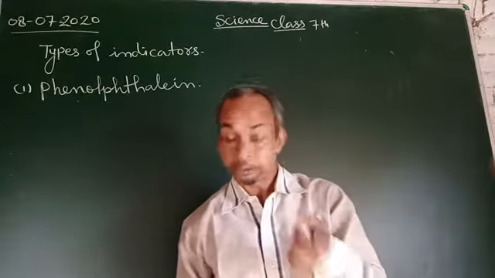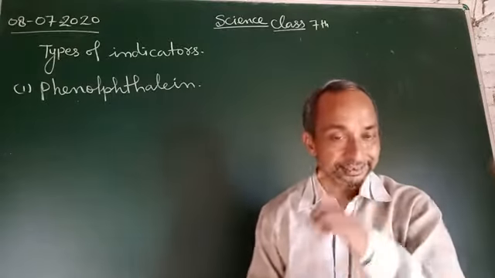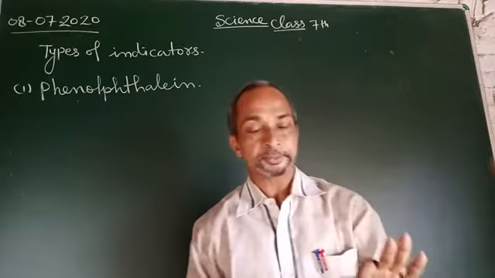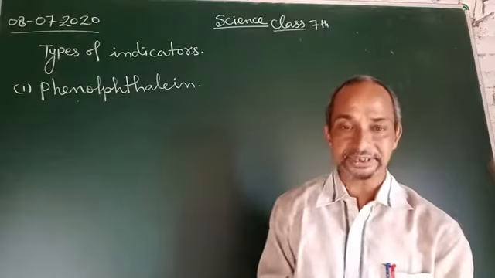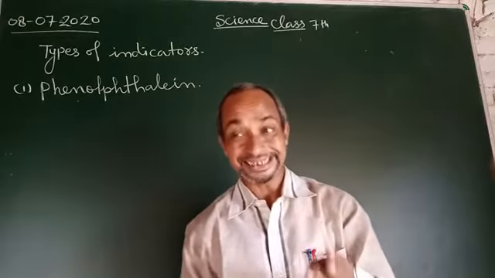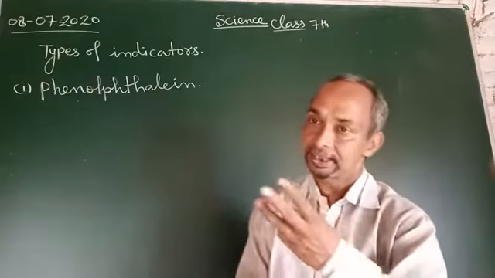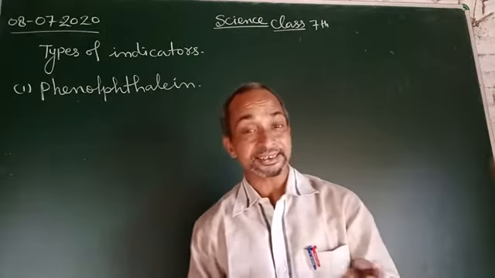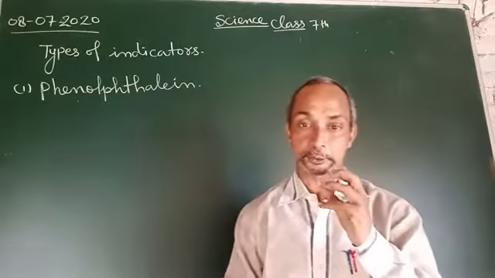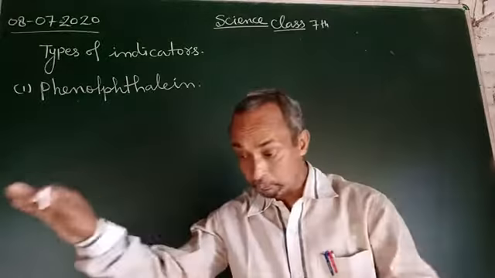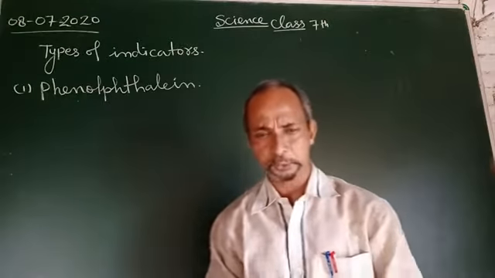But phenolphthalein is a synthetic indicator, while litmus paper, China rose, and turmeric, these 3 indicators, are which type of indicators? Natural indicators, which you can find from plants.